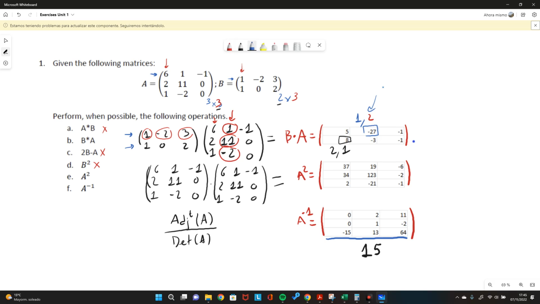For A squared, it's the same, but let's see how to get, for example, the minus 2 here and also the minus 21 here. The minus 2 is second row, third column, and the 21 is third row, second column. First the minus 2: second row here and third column here, so you do 2 times minus 1 plus 11 times 0 plus 0 times 0.